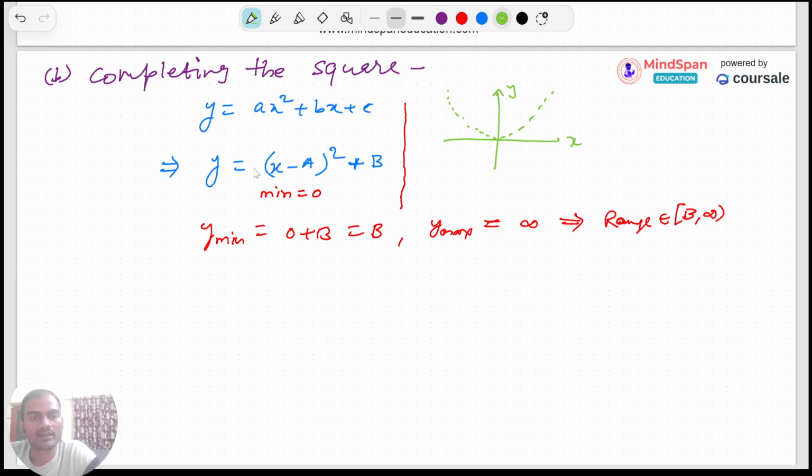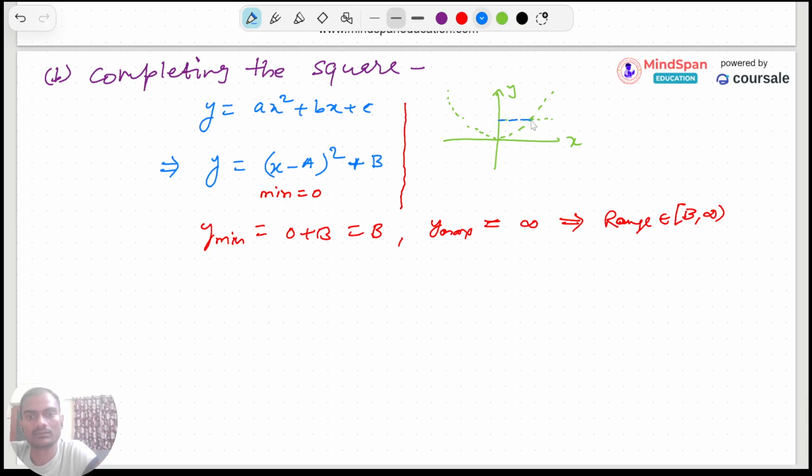But for this particular graph, y minimum becomes b. So suppose this is b. So minimum y can come here, and where it will come at x equal to a. When we put x equal to a, then this part will become 0, right? There it will give b. So at x equal to a, suppose this is x equal to a.